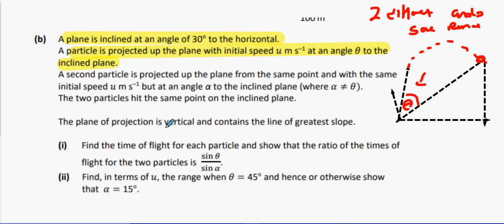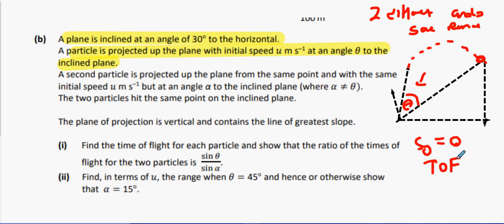Two particles hit the same point on the inclined plane. Find the time of flight for each particle. Show that the ratio of the times of flight. Alright, they actually want you to treat them separately, as it turns out. So what does it want from you? Find the times of flight. So I want you to do 8 equations, then do Sy equals 0 for both of them and find the time of flight for both.